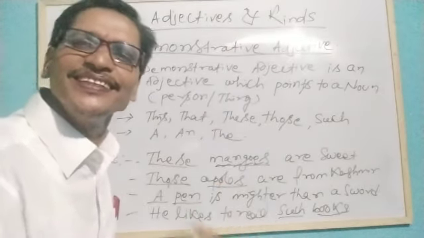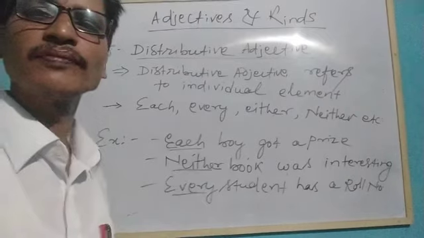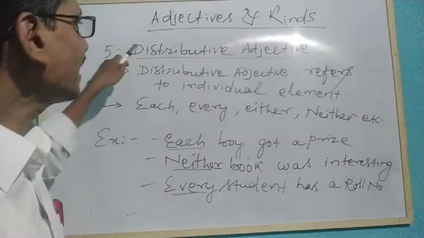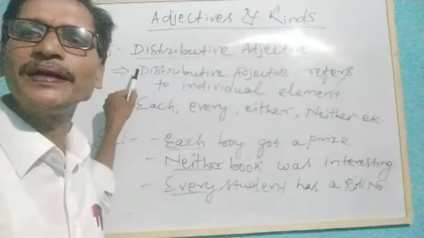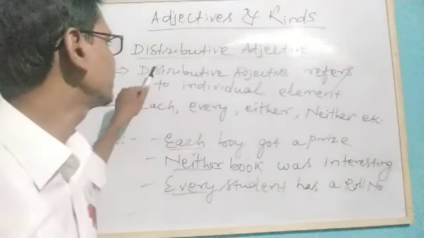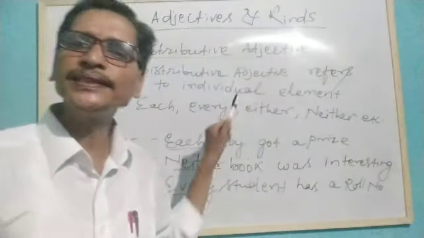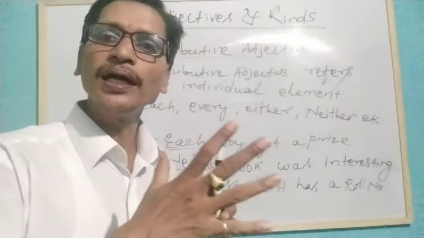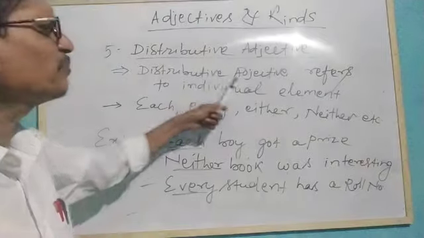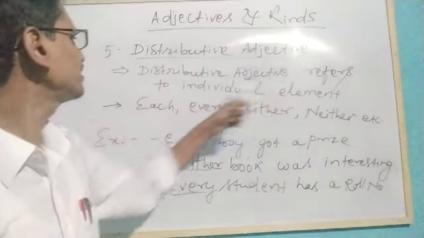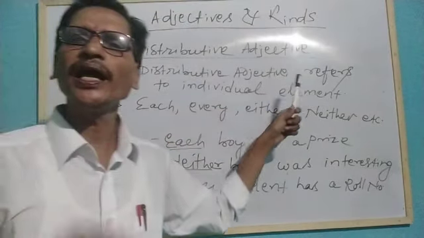Let's understand the next type. Okay, here you see the next type, the 5th kind of adjective, is the distributive adjective. What is it? Distributive adjective refers to an individual element.